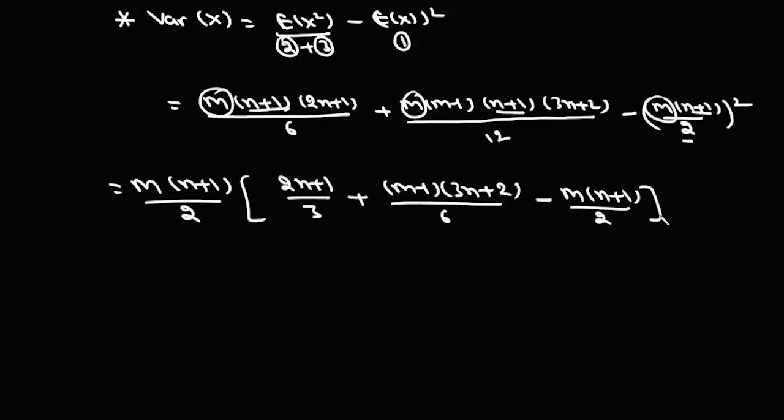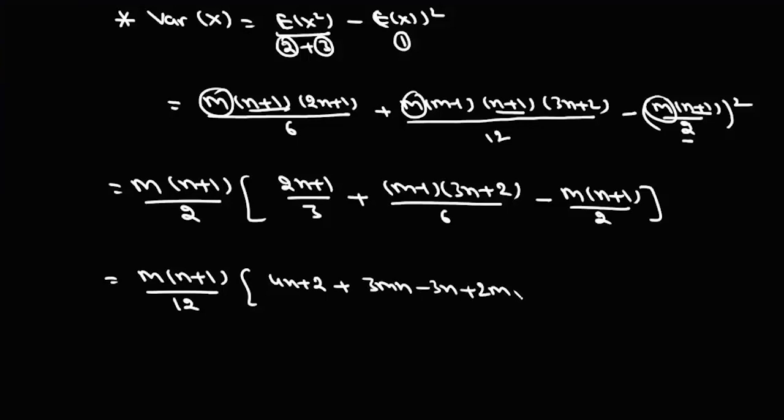Now we take this LCM, then we can write m into n plus 1 by 12, and here will be 4n plus 2 plus 3mn minus 3n plus 2m minus 2, and then here we'll have minus 3mn minus 3m.